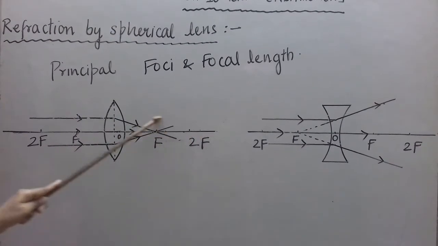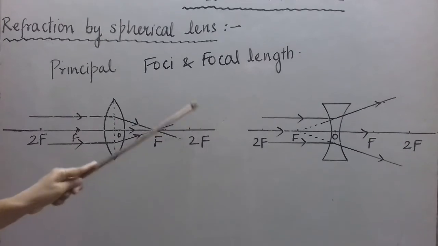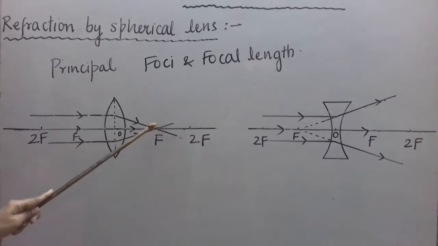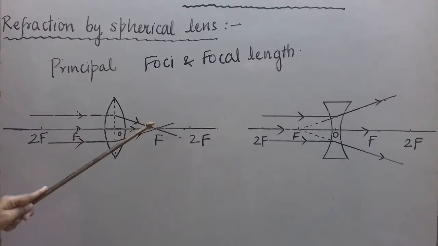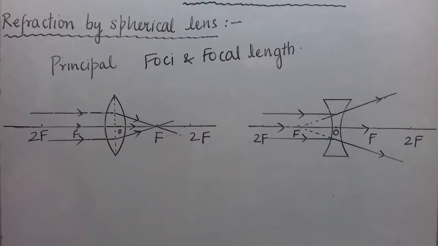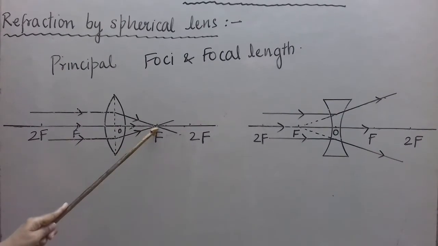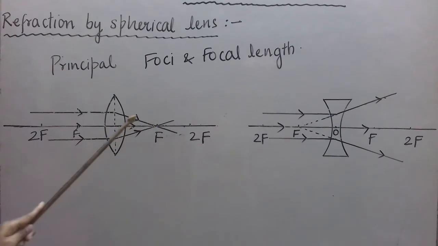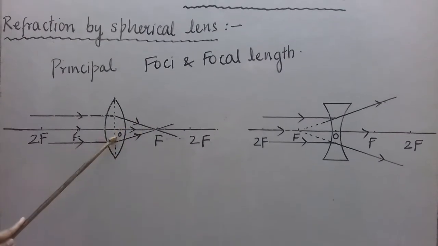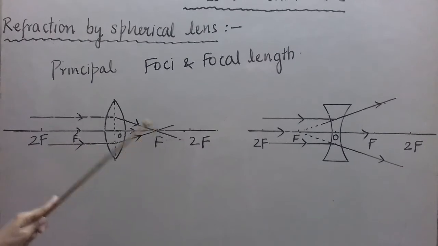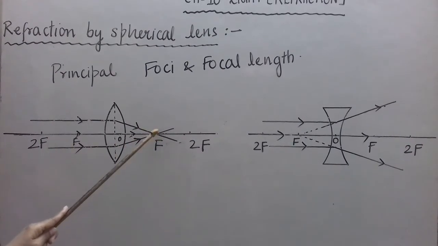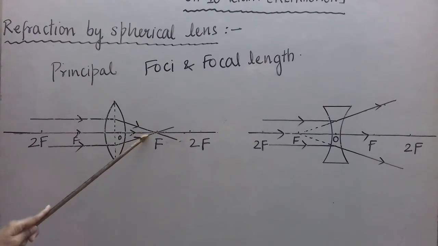When you see a very sharp bright spot on the paper, you hold it for some time, you will see smoke starts coming out and it may also burn after some time. So the distance between the lens and the paper is nothing but the rough or approximate focal length of the lens, and that bright spot is the real image of the sun which is formed on the paper. Okay, so I hope you have understood.